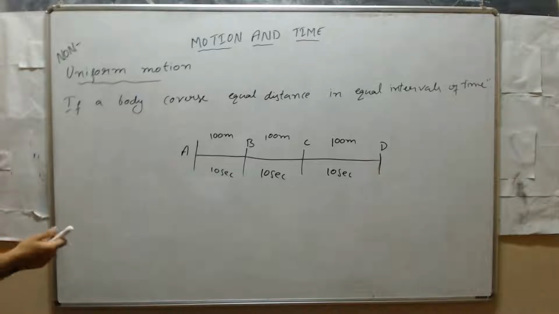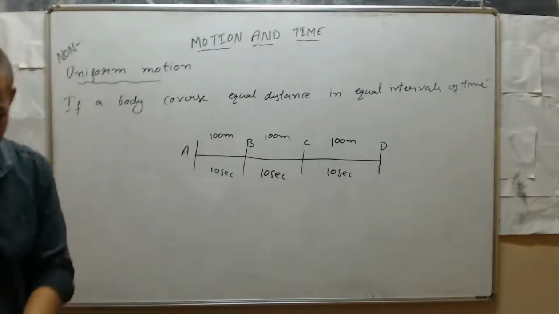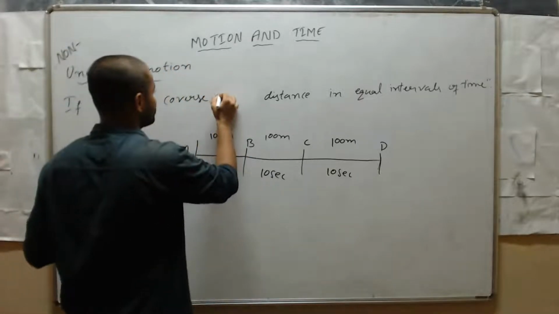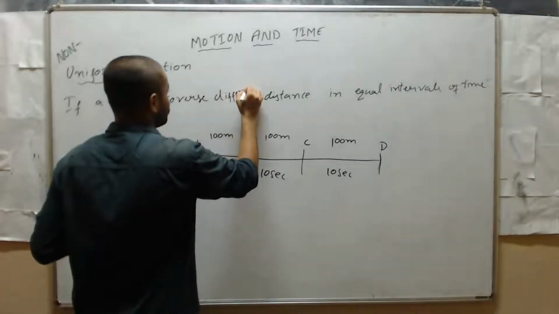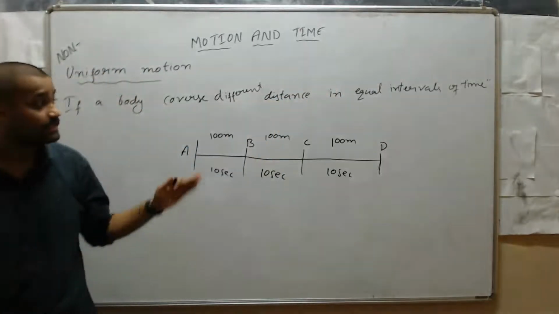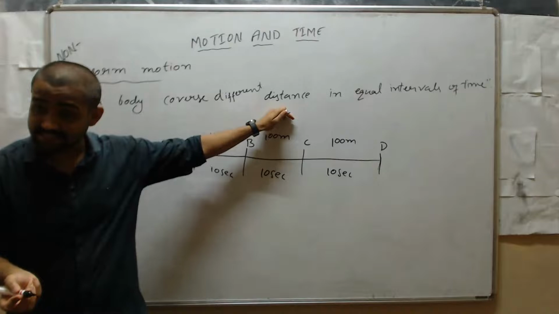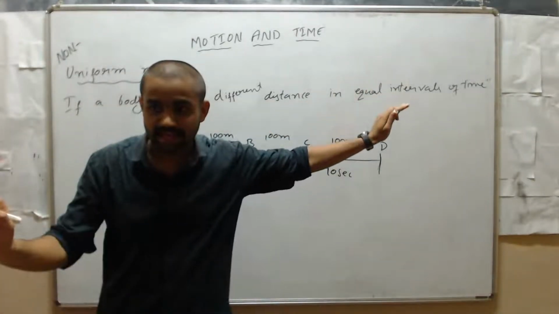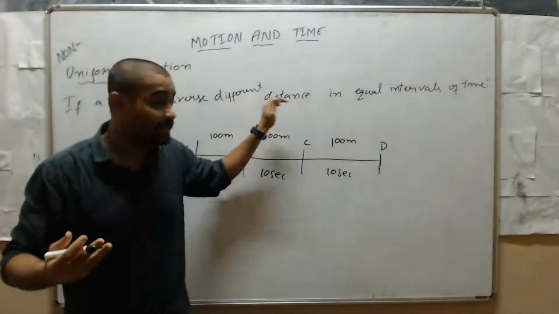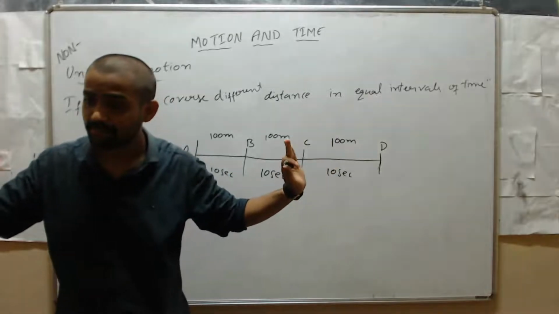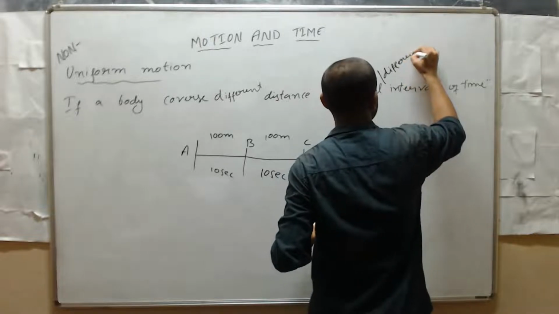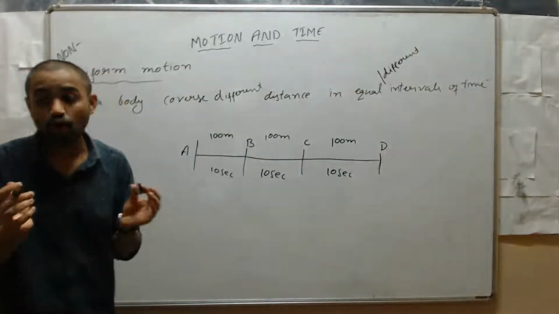See, if a body covers different distances in equal intervals of time, or if a body covers different distances in different intervals of time, whether the intervals are equal or different, this is called non-uniform motion.